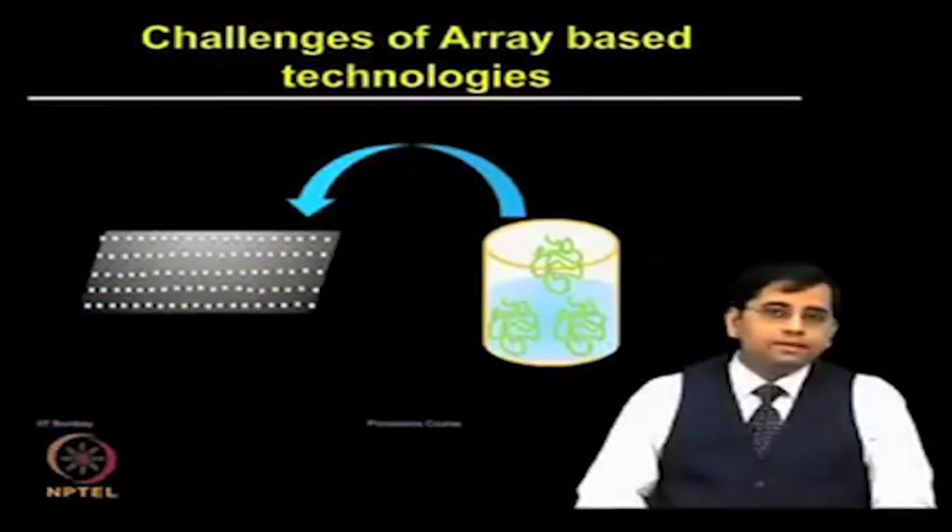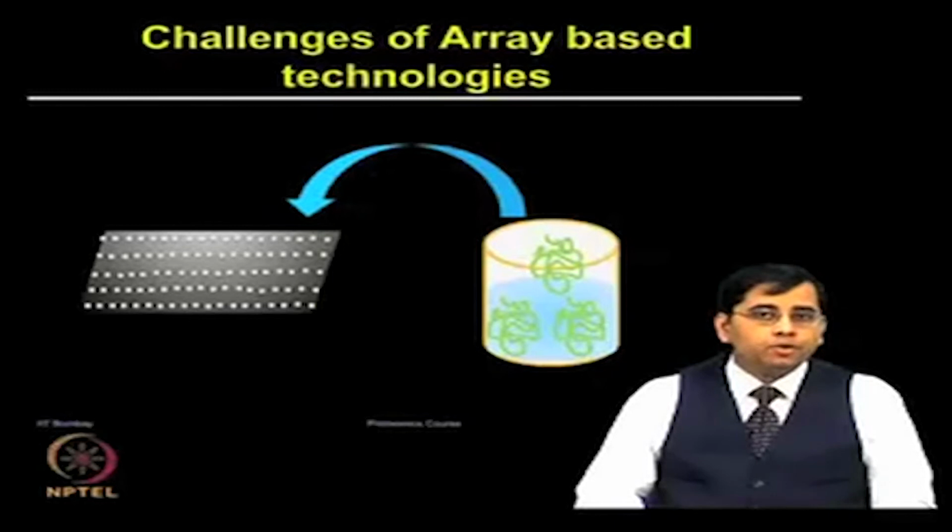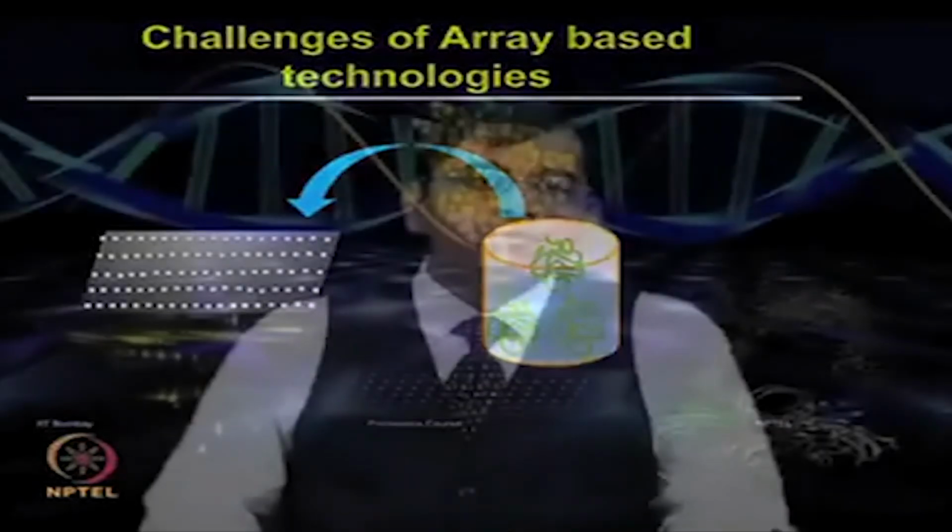Array based proteomics. Array based proteomics, such as protein and antibody microarrays, on which thousands of discrete proteins are printed, provide an important platform for large scale functional analysis of the proteome.